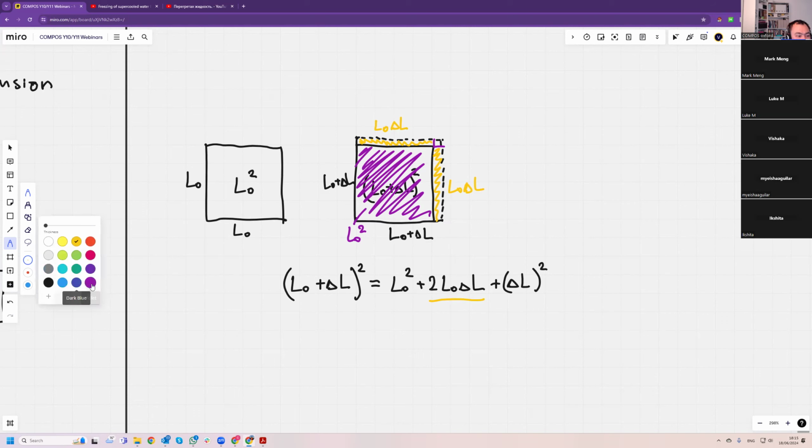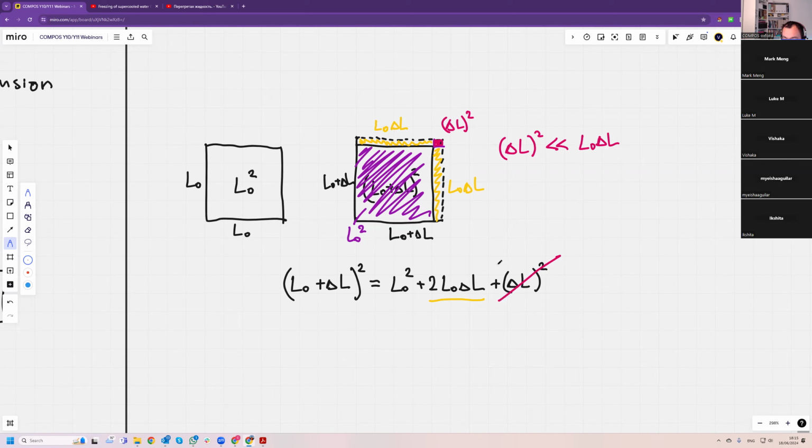And this small piece is delta L squared. Basically, delta L squared is really, really small, many times smaller than even L0 delta L. So we can neglect this term.